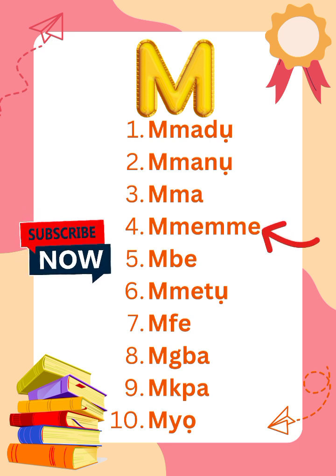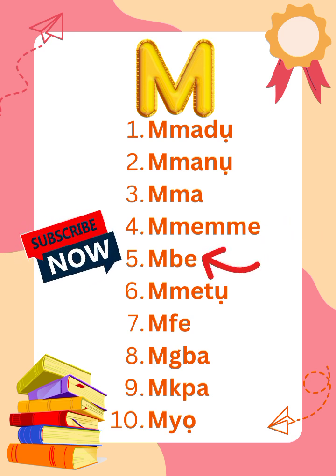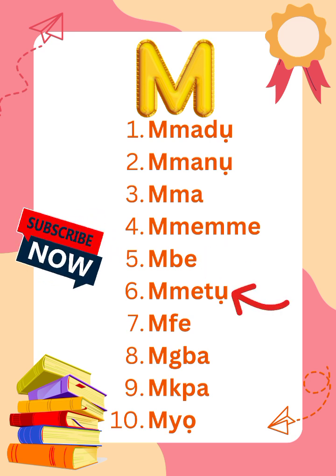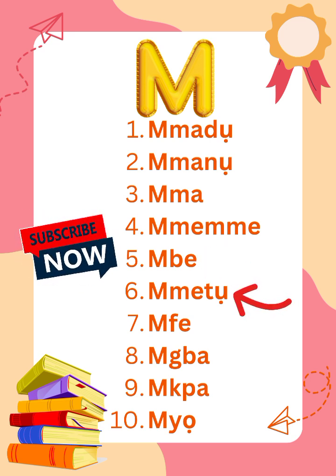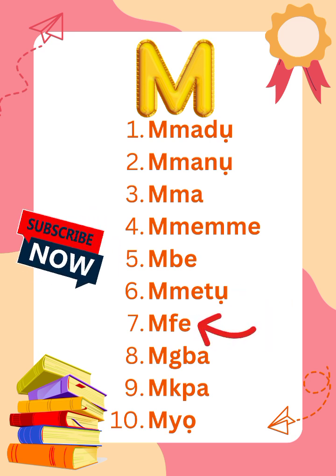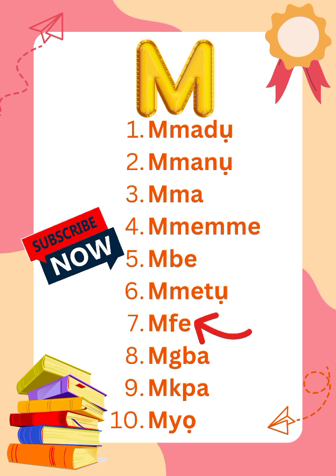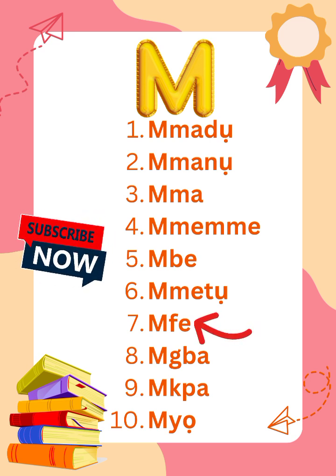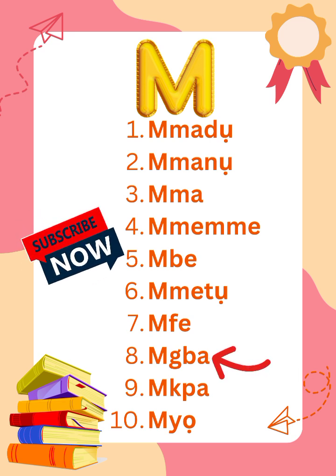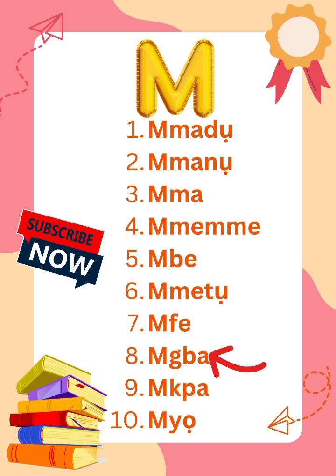Then the fifth word is mbe, tortoise. The sixth word is mmetụ, touch. The seventh word is mfe, easy or something that is light. The eighth word is mgba, wrestling.